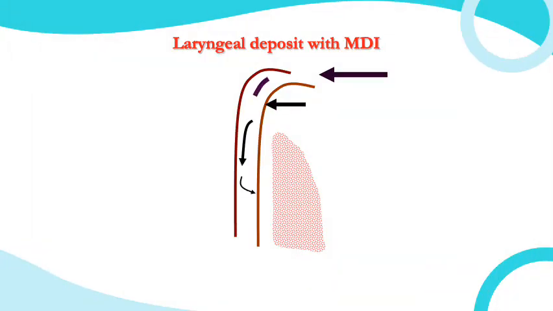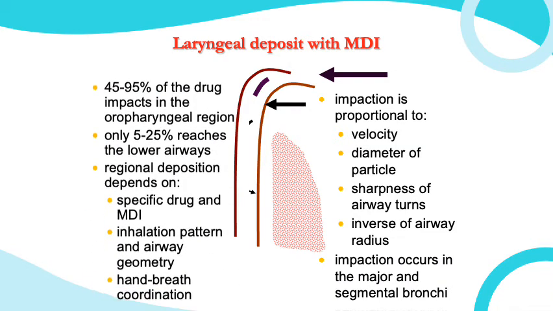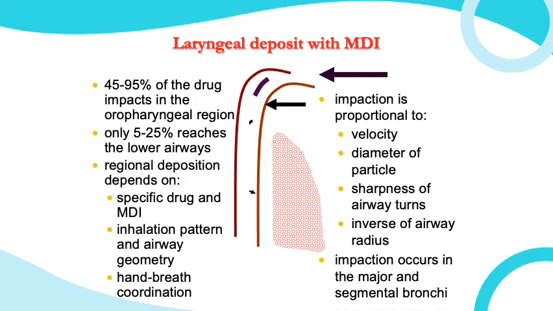Among the various devices, the MDI has the largest risk of impaction in the oropharyngeal area due to the pressurized delivery. There is a high velocity and this encounters the sharp airway turns and the smaller airway radius in the branching bronchioles.